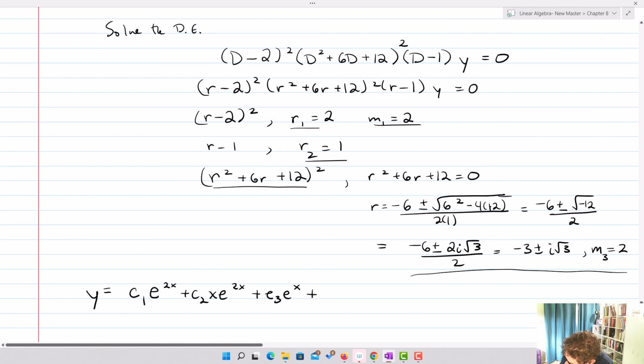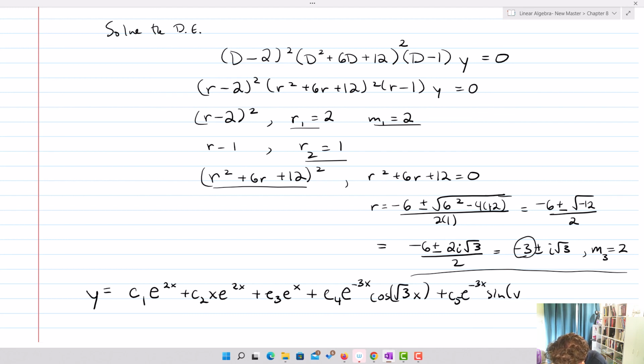Plus, now we're going to have C4. We're going to notice that the real part is negative 3. So it's going to be C4 e^(-3x) cosine root 3x plus C5 e^(-3x) sine root 3x.